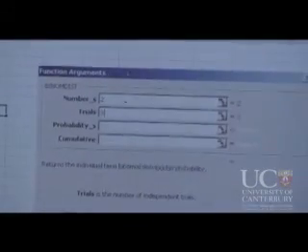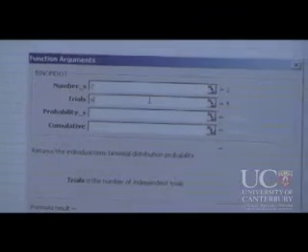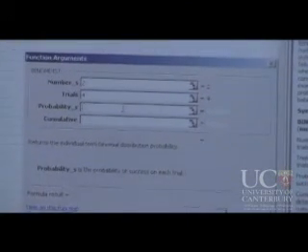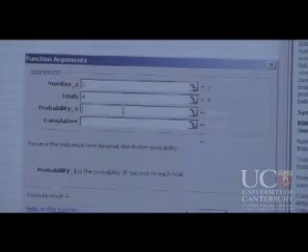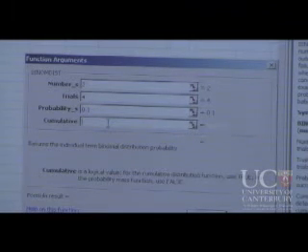Number of trials is 4. Our probability of a success was 0.1. Now the only tricky bit here is this one, which says cumulative. Cumulative means that stuff comes together. When you talk about accumulating rubbish, accumulating stuff means bringing it all together.